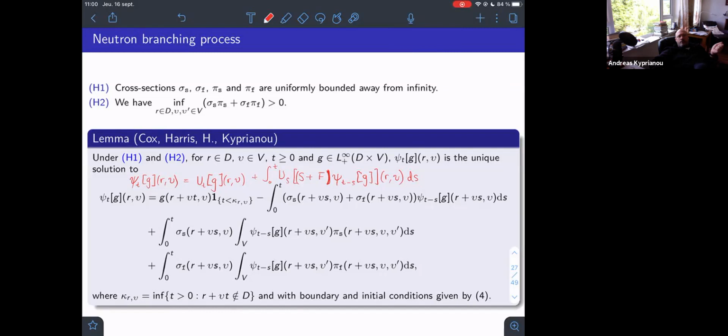Also for the BBM fans out there, the other way to think of this mild equation is if you differentiate it in time, then the semi-group will differentiate to an operator, which in the BBM setting would be the Laplacian. And then the term with the F here is going to give you your mean mass creation. This equation is very familiar for those of you who know super processes.